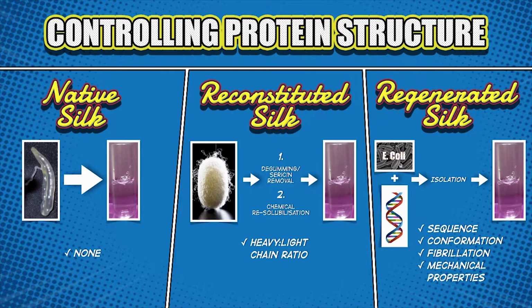And this kind of solution is quite precious. It has pharmaceutical or bioactive properties. And the parameters that we can control upon the extraction of the silk from the silk gland are basically none of them. We are highly dependent in this case on the insect.